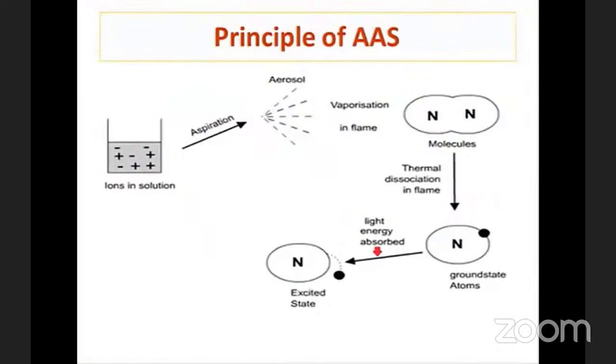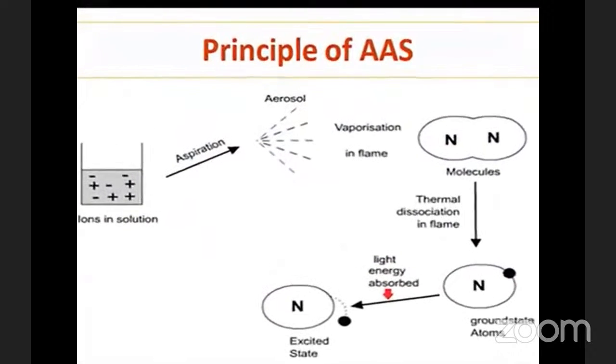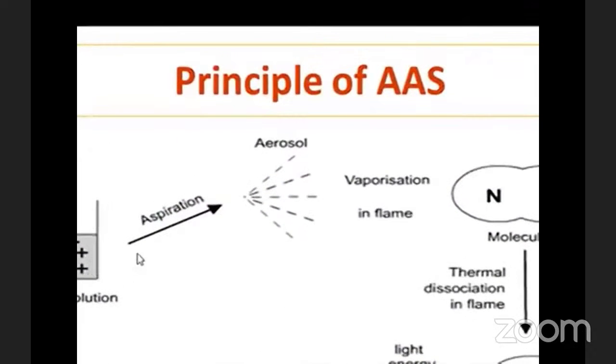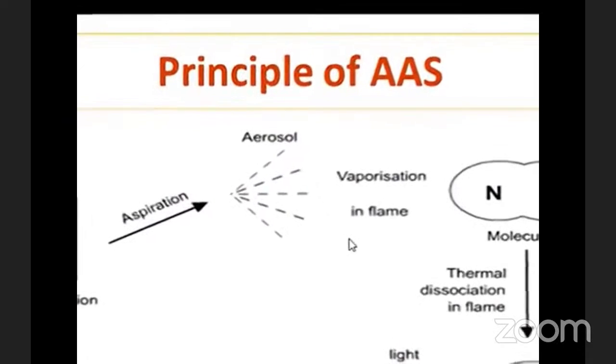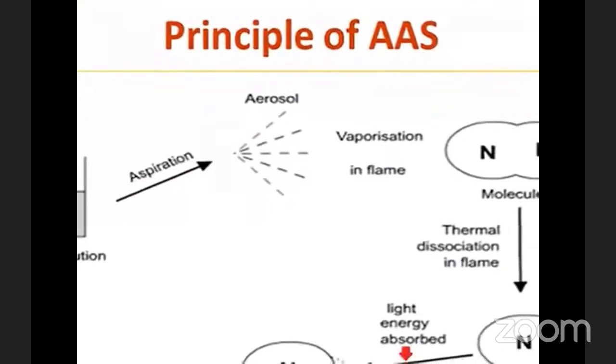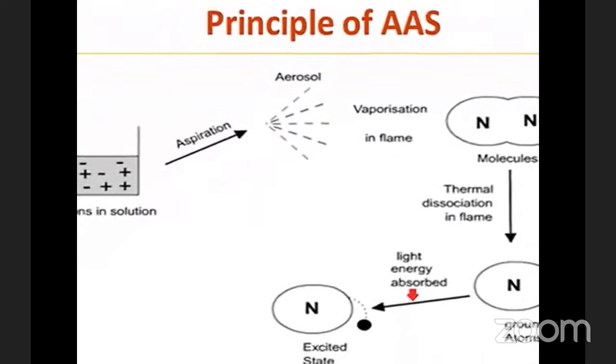As in flame emission spectroscopy, when a metal salt solution is introduced into a flame, the solvent evaporates, leaving behind tiny solid particles of a salt. The solid particles vaporize into gaseous molecules, which are then converted into gaseous atoms. Most of the atoms remain in the ground state.